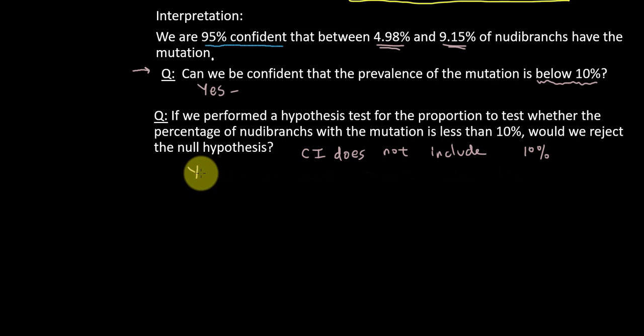And remember, the value of the null hypothesis would be that the proportion is 10%. However, our sample data suggests that the population proportion at most is 9.15%, and we are 95% confident about that. So would we reject the null hypothesis? Yes, we would reject the null hypothesis.